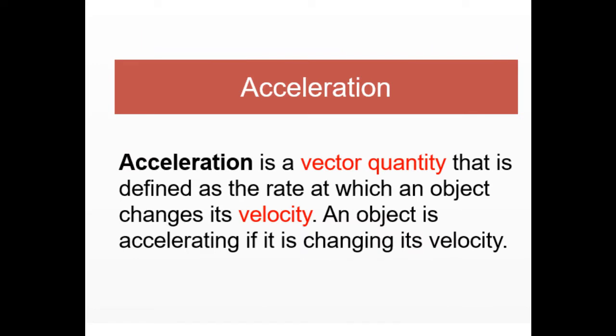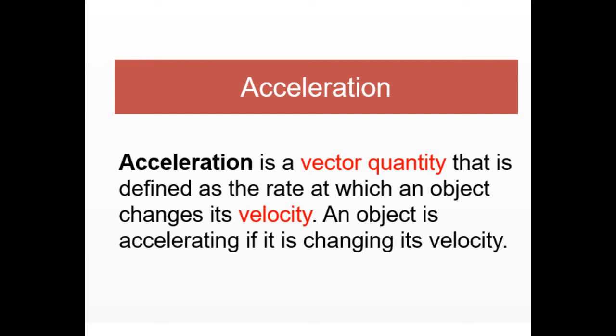Now let's go to acceleration. Acceleration is a vector quantity that is defined as the rate at which an object changes its velocity. An object is accelerating if it is changing its velocity. Acceleration has nothing to do with going fast. In fact, a person can be moving very fast and still not be accelerating.